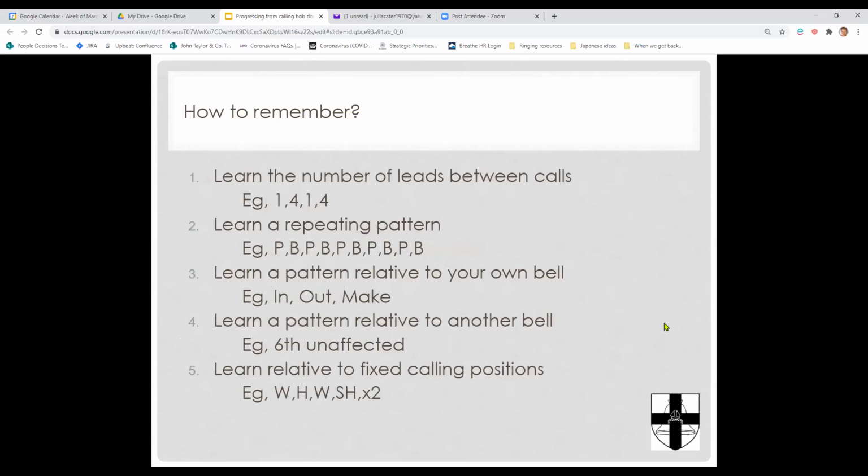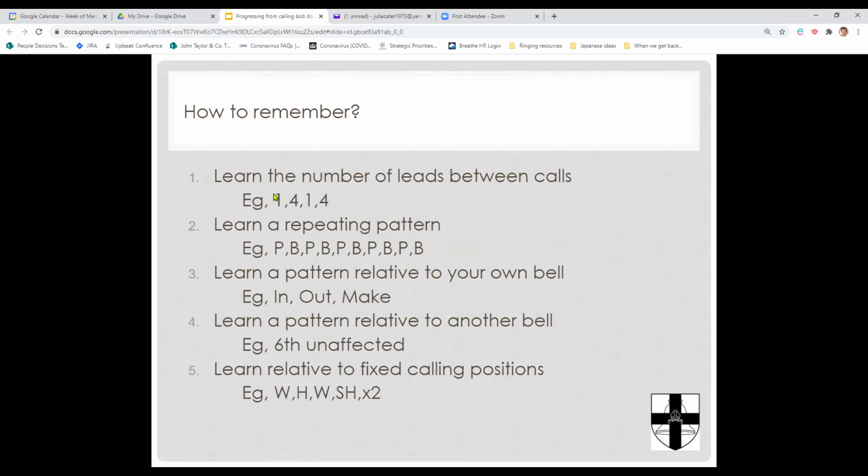So the reason for this slide is I want to basically say, how on earth do you remember? How do you approach it? What's the right way of doing all of this, Julia? And actually there is no real right way, but what we've noticed is there's 5 different ways that I've been referring to calling things. So the first way is to just basically learn the number of leads between the calls.